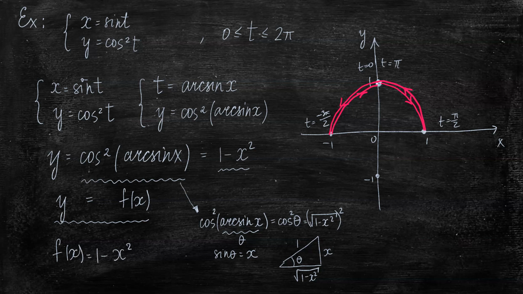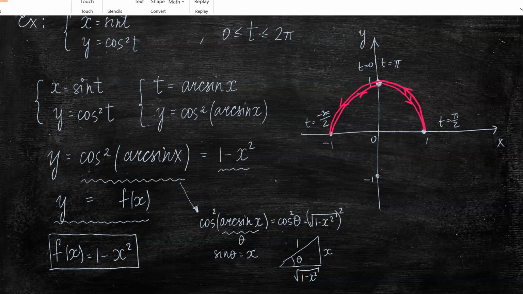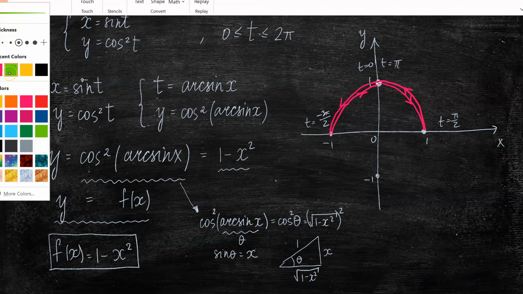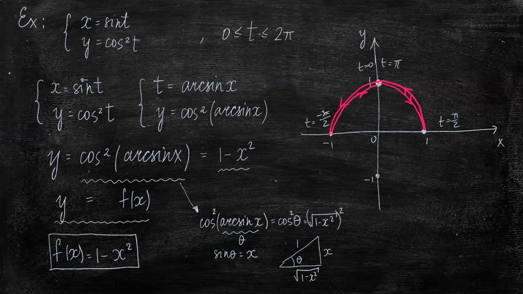And what we see here is that this graph that we see on the right side is actually a piece of this parabola. So this green is the parabola 1 minus x squared. So what we have done here has a name. The name for this process is called elimination of the parameter.